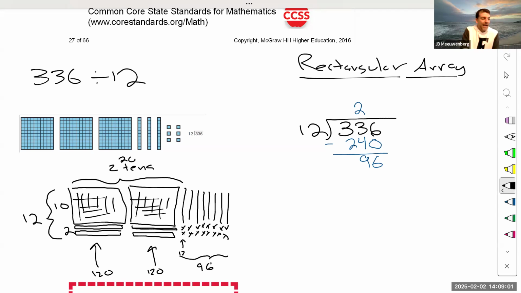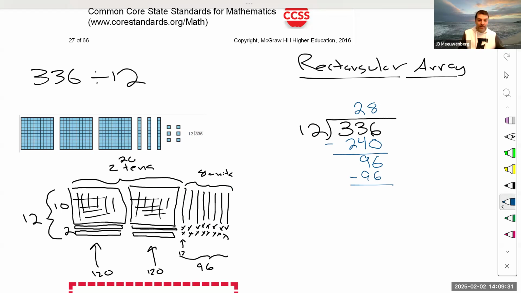But what we really need to count across the top is how long this part of the rectangle is. It's 8 units long. 1, 2, 3, 4, 5, 6, 7, 8 columns. Where does that go in my long division? It goes right here. 8 times 12 is equal to 96. 8 here times 12 vertically gives us 96 total pieces.